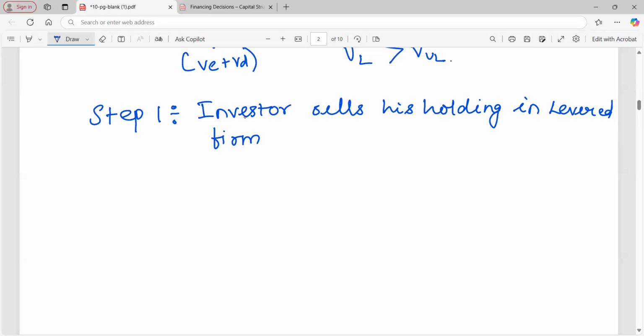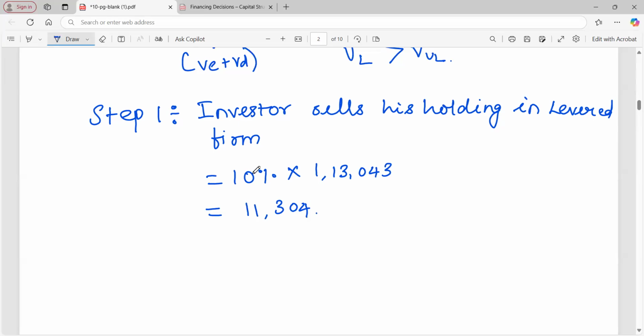It is 10% of 2,13,043. So by selling the shares of the overvalued firm, the investor will get 21,304. Right? So this is the cash inflow for the investor.